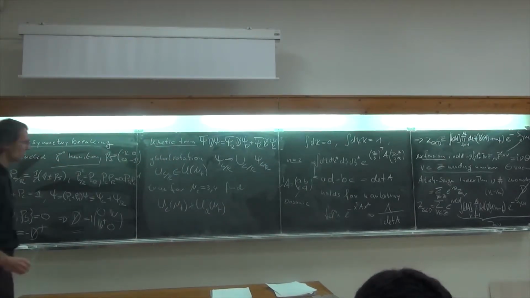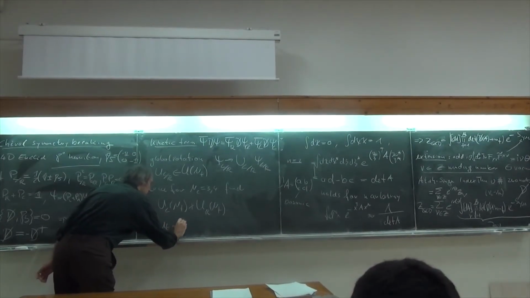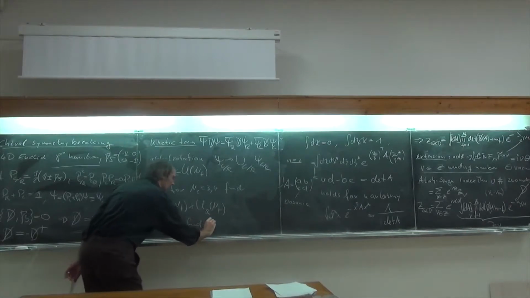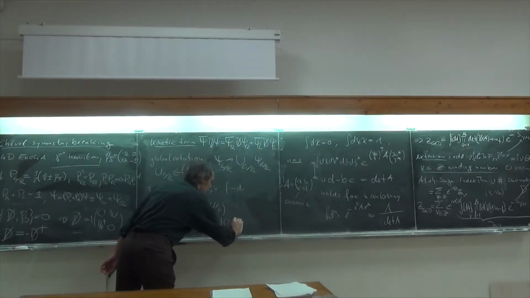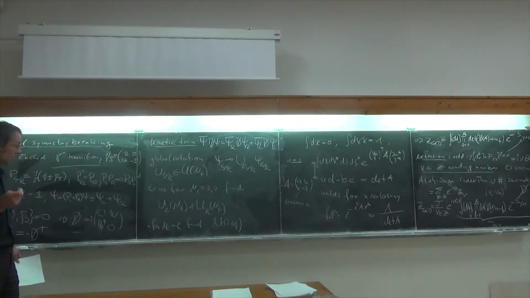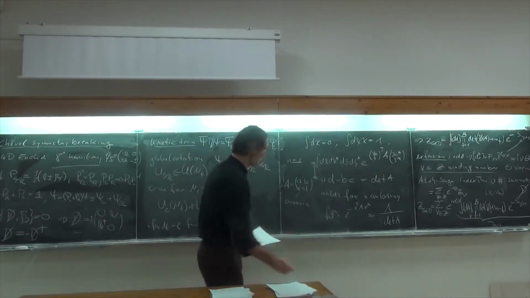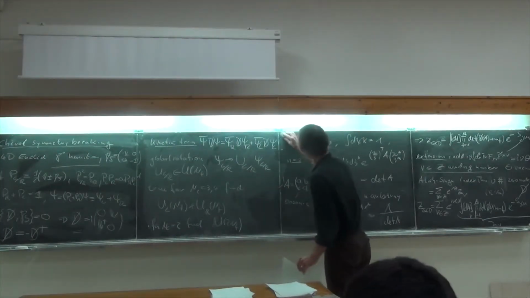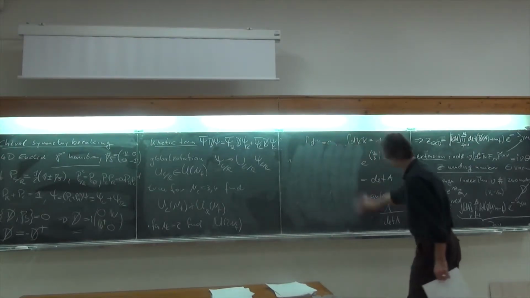For two colors, for example, the symmetry is enhanced actually to U(2N_f), but I will not explain that. I will give some reference for this, and also I will come to the other one later. Okay, so this is the symmetry of the kinetic term.